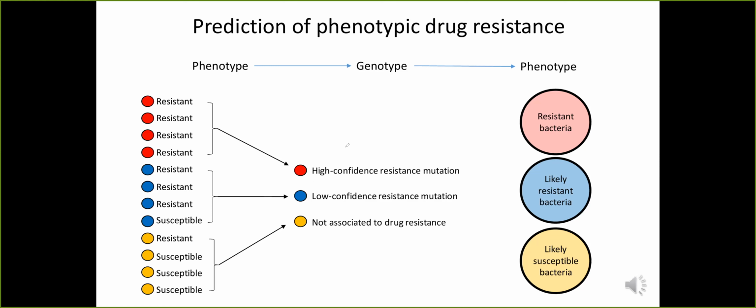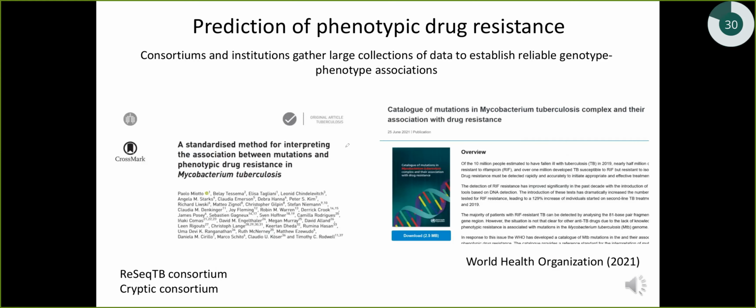Now, how do we build this catalog? Of course, you don't need to build these catalogs. Thanks to huge efforts done by several consortia and in general by the community of tuberculosis scientists, now we have this catalog. We have evidence that comes from laboratory experiments where the particular mechanism of resistance of a mutation has been shown.